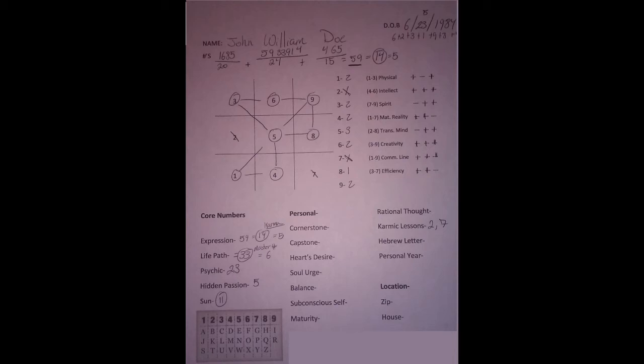The 4s are the ability to express logic, which Mr. Doe has 2 4s. The 5s represent the use of one's senses, which he has 3 5s. Mr. Doe has more 5s than any other number in his name, so that is called the hidden passion number. That's 5, which shows that he's going to be a person that uses his senses a lot. He thrives off of his senses.